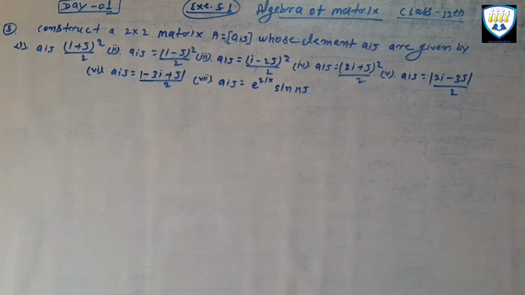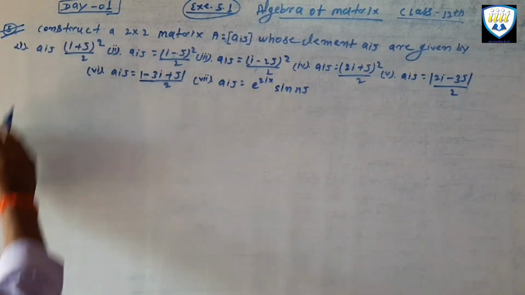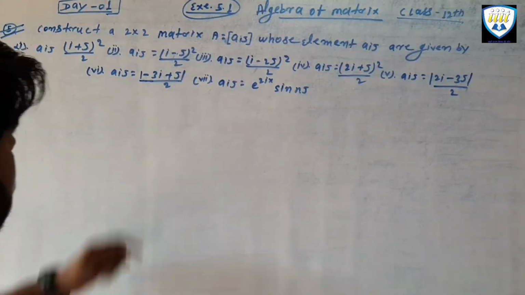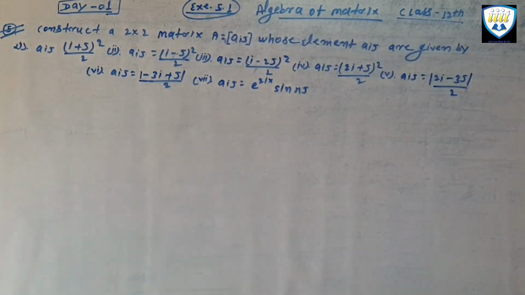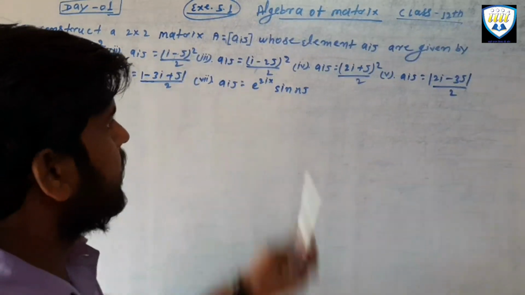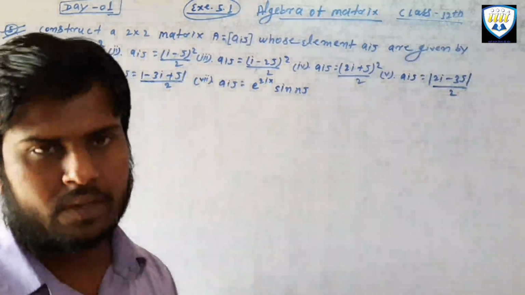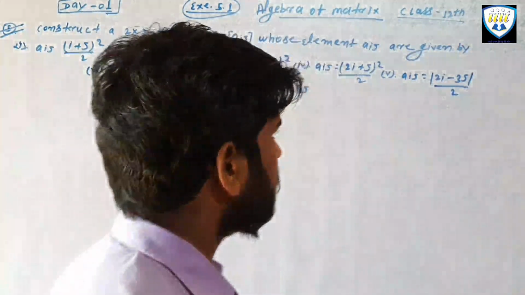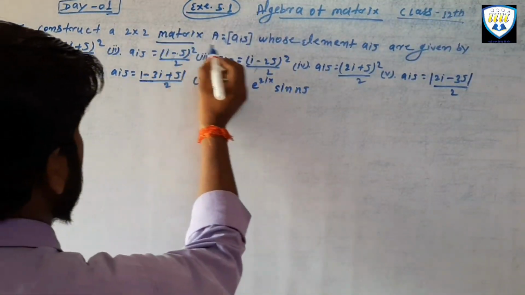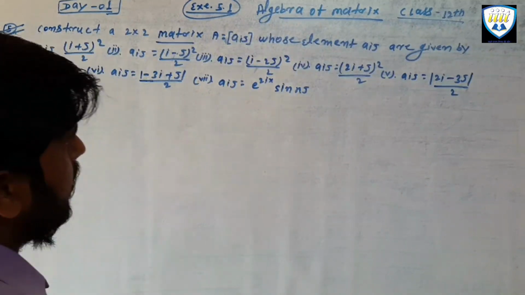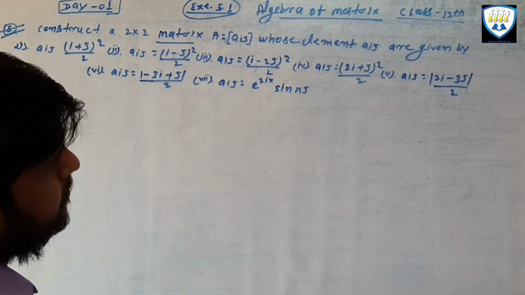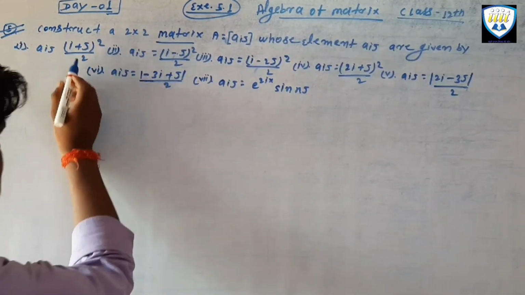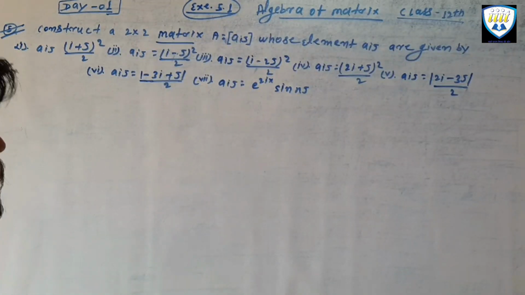In question number 5, construct a 2 into 2 matrix A equals Aij whose elements are given by (i plus j) whole square upon 2, and same as for example 3.